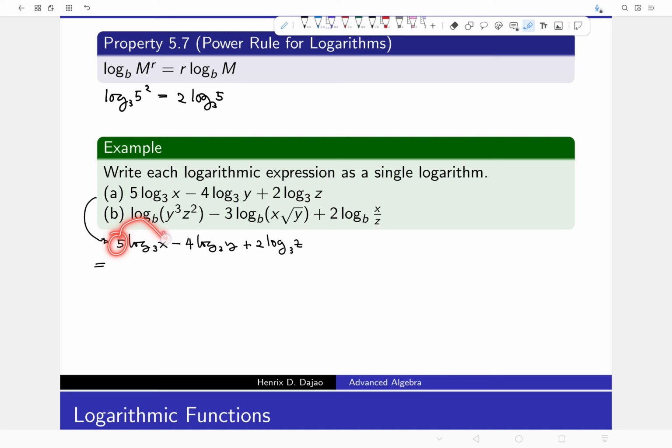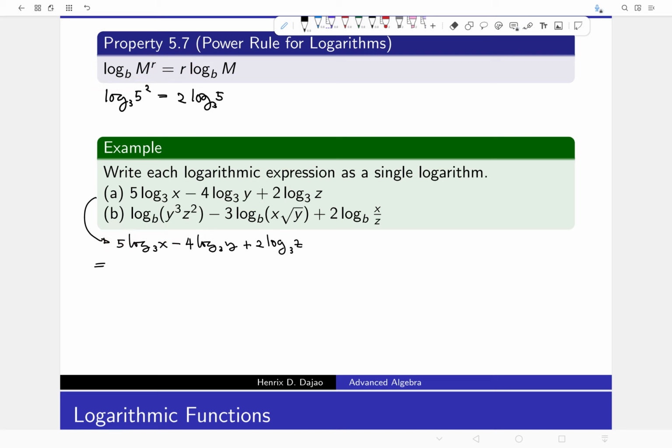This will become an exponent of x, so we will apply the property 5.7. So we will apply the power rule. Okay, so this one becomes the exponent now.